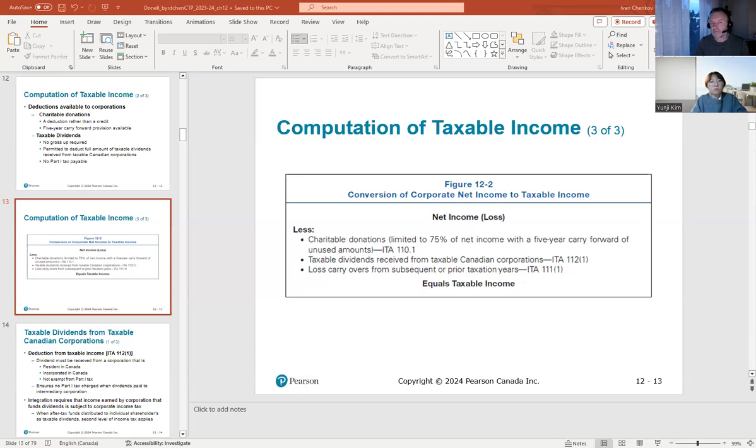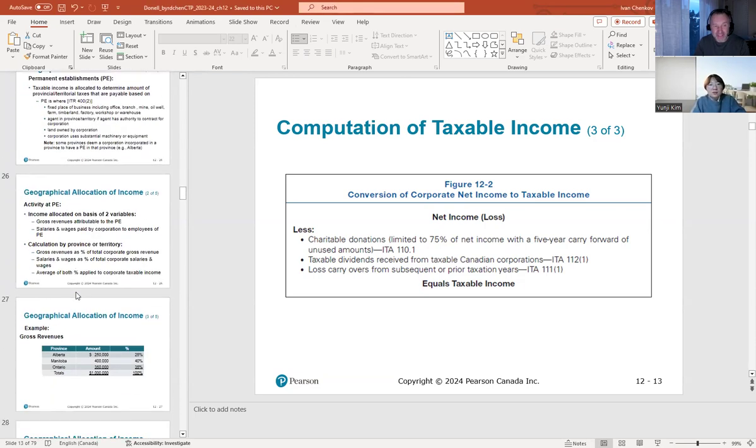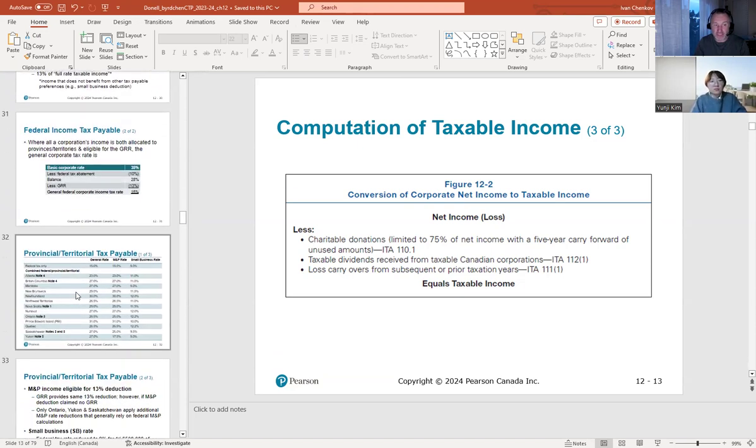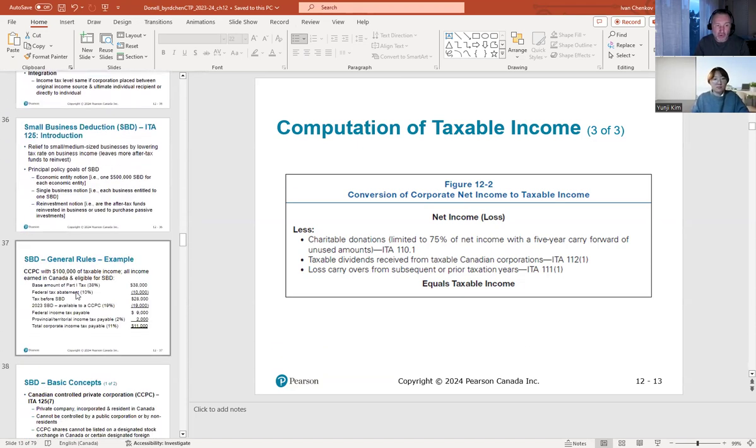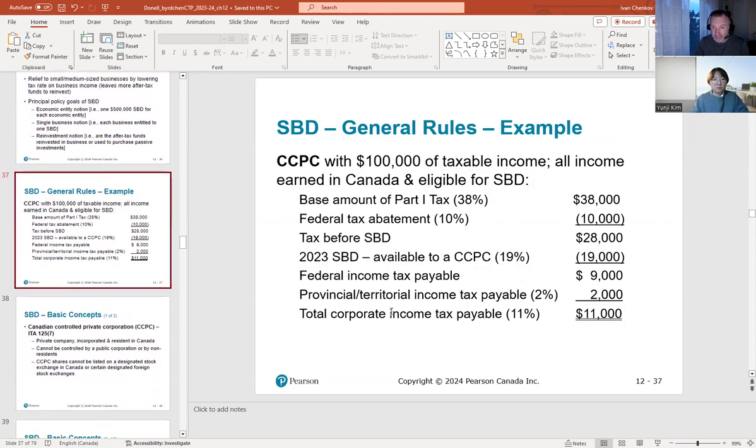Or if they put a TCEC, which actually is taxable capital employed in Canada, that also applies for our calculation of the small business deduction. I'd encourage you to go over some questions which require a little bit of calculation like this to see the application of taxable capital employed in Canada and adjusted aggregate investment income.